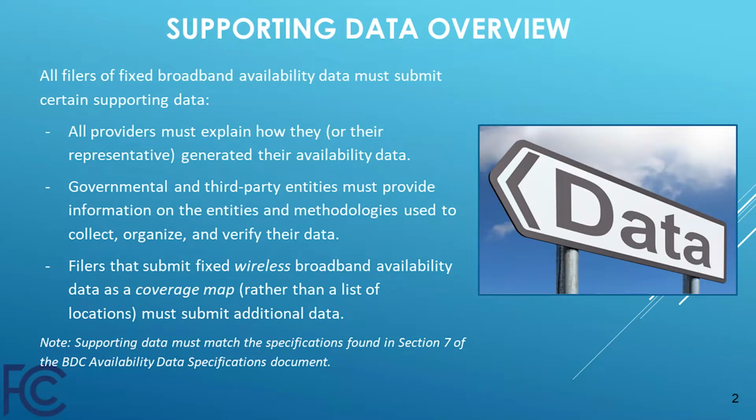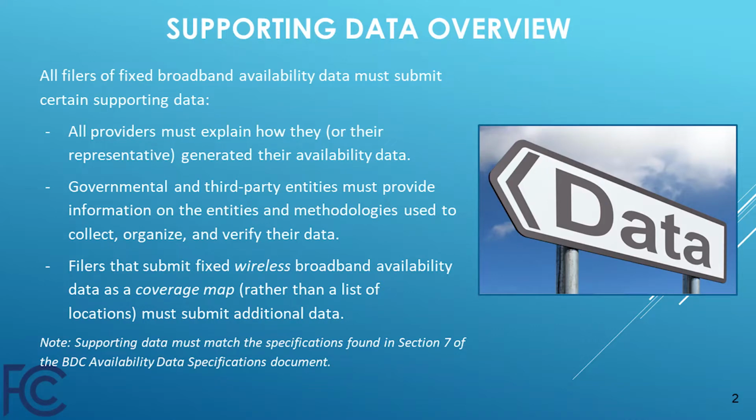Filers that submit fixed wireless broadband availability data as a coverage map, as opposed to a list of locations, are also required to submit additional categories of information. The bulk of the discussion in this tutorial will cover these additional categories of data.